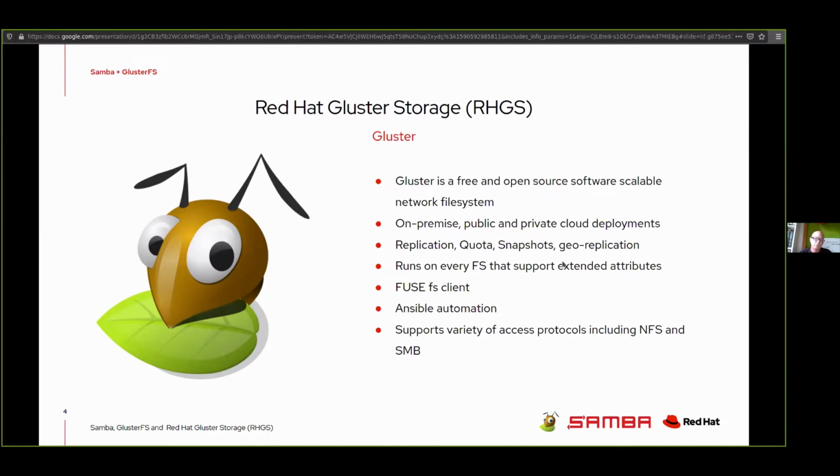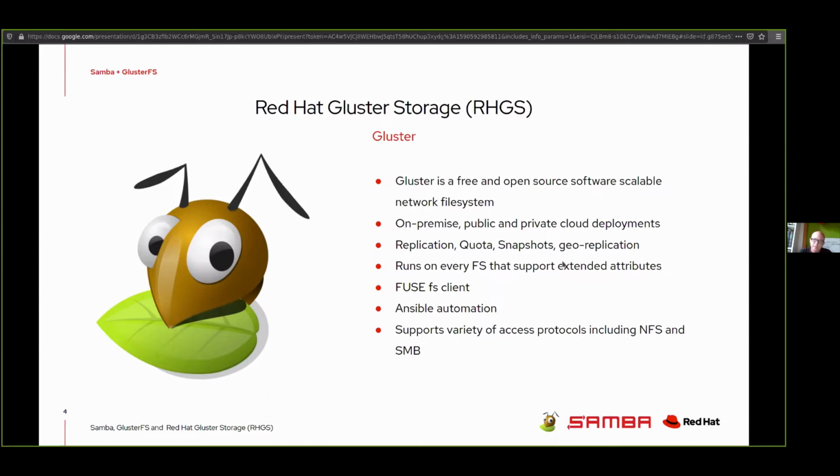But the good side definitely is that the requirements for running Gluster are really very minimal. You just need to have commodity hardware and a file system that supports extended attributes. By default, XFS is used on the bricks, but you could use any other file system as well. So apart from this server stack, there's also a client provided, which is implemented as a Fuse file system.